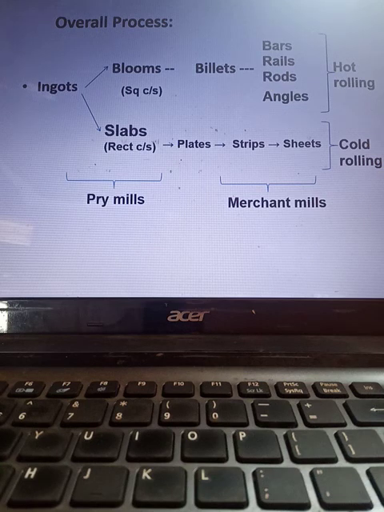Rolls are moved with the help of motor drive, and the overall process is ingots to usable shapes. This is hot, this is cold, and this is the primary operation. This is the final operation ready for application in the factories called merchant mills.